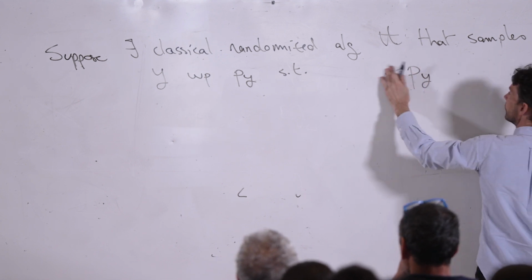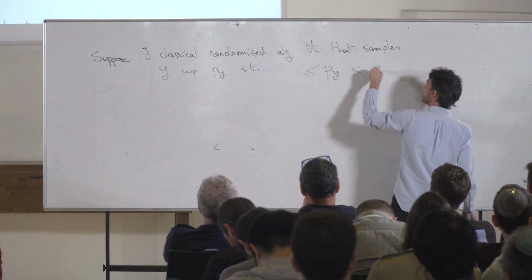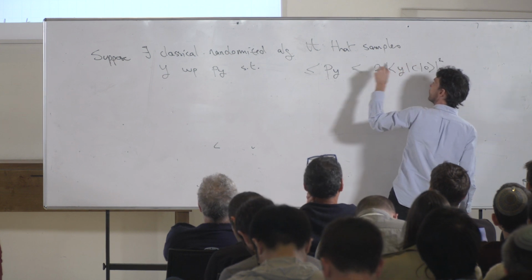Well, let's say I'll be a little bit looser. Okay, let's say it's such that p_y is a factor 2 approximation to the correct value.